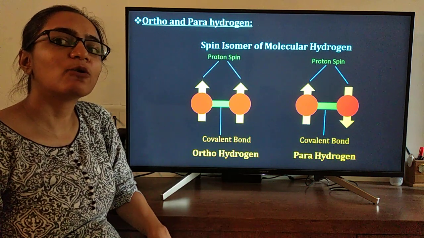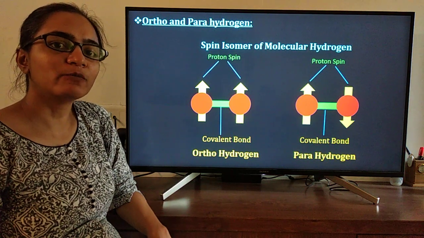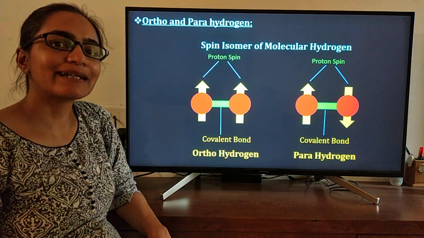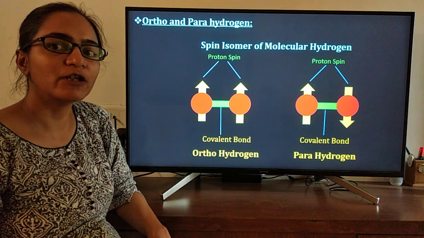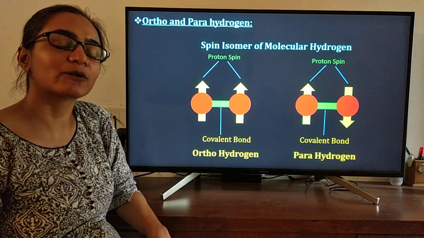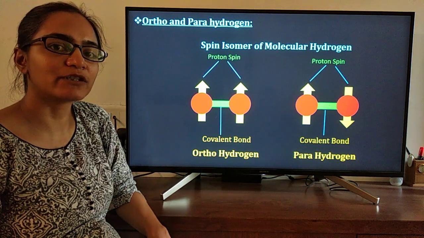Parahydrogen is in a lower energy state than orthohydrogen at room temperature and thermal equilibrium. Thermal excitation causes hydrogen to consist of approximately 75% orthohydrogen and 25% parahydrogen.